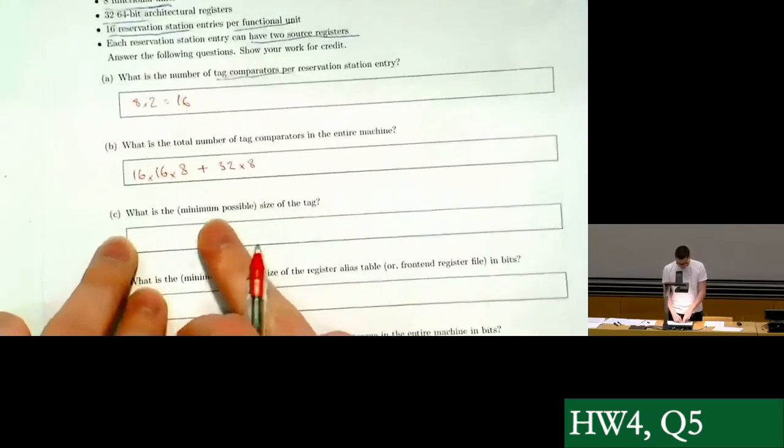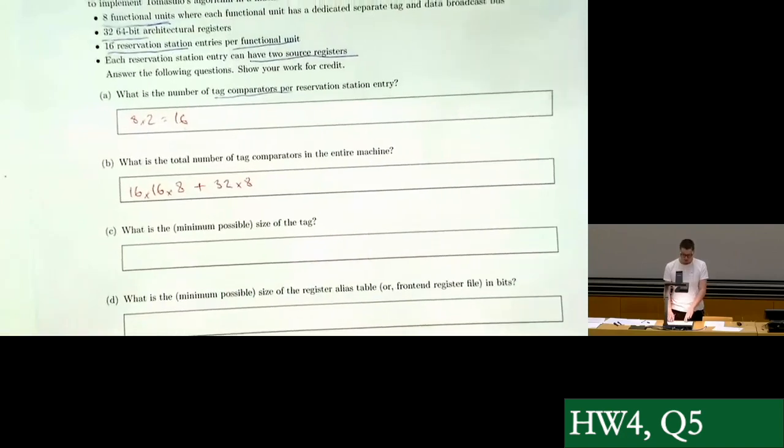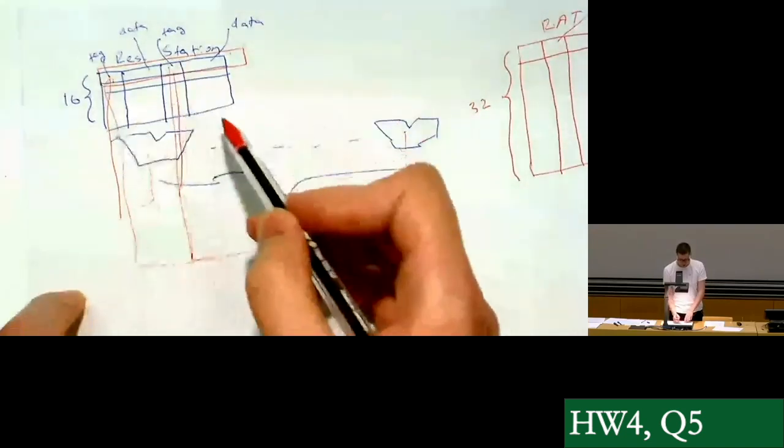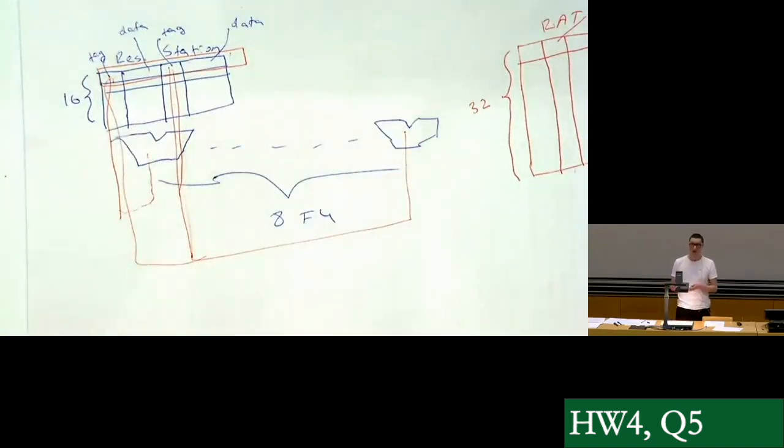What is the minimum possible size of the tag? So this depends on how many entries you have in all reservation stations, right? As we show here, in a single reservation station you may have 16 entries for which you can do some computation and produce a result, right?